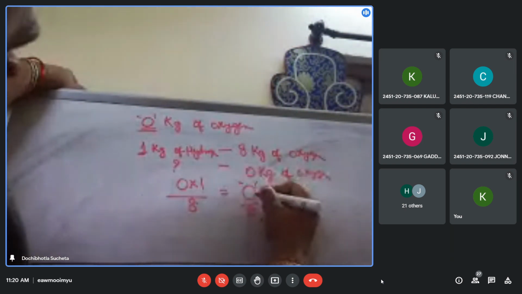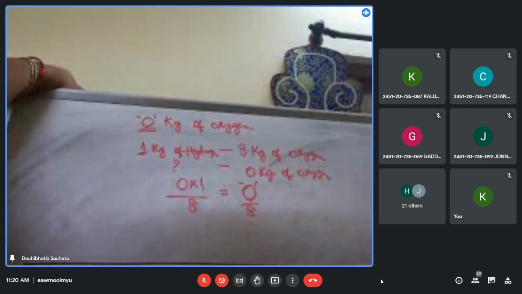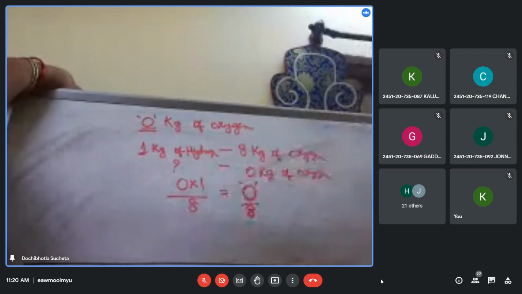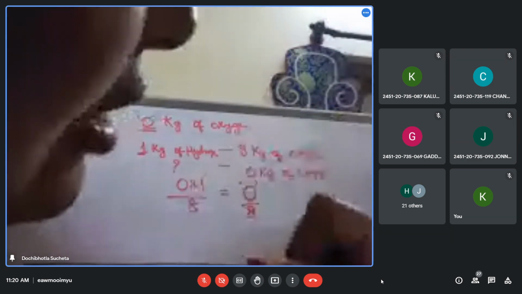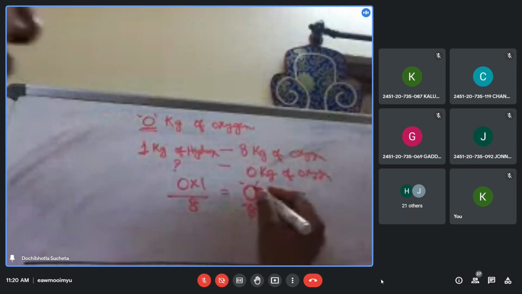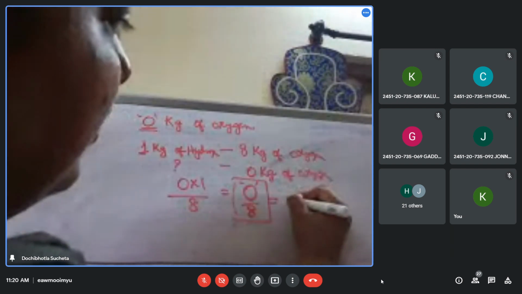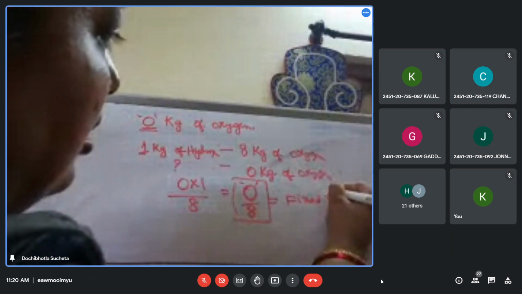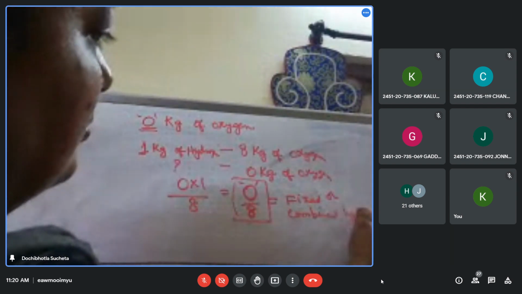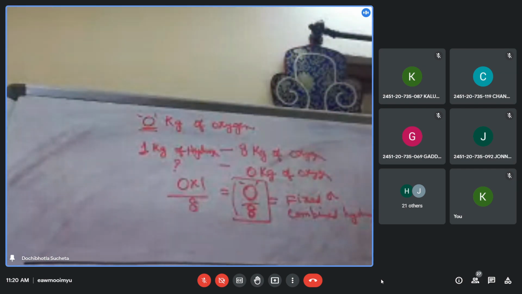Where O is nothing but the total amount of oxygen present in the fuel, and 8 is the amount of oxygen required for 1 kg of hydrogen. That's how I can measure the fixed hydrogen. This is the formula for fixed or combined hydrogen. Okay, is the point clear?